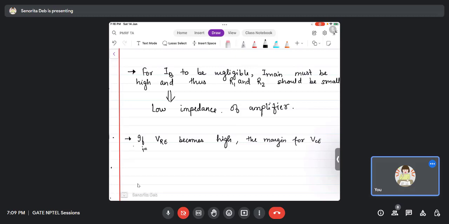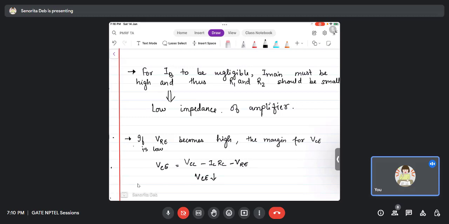How? Because VCE is nothing but VCC minus ICRC minus VRE. So if VRE increases, this drop will increase and therefore your VCE reduces.